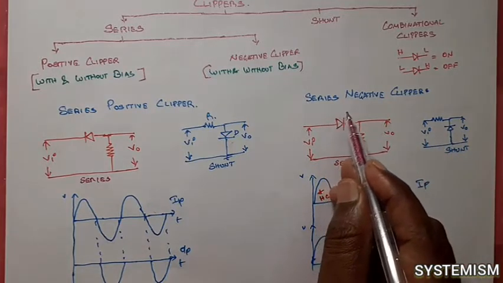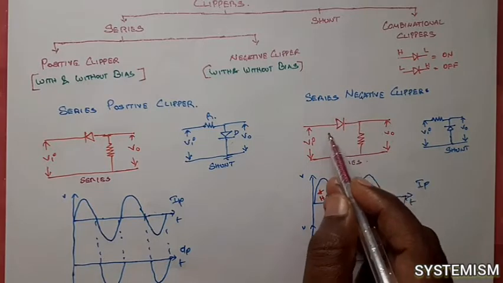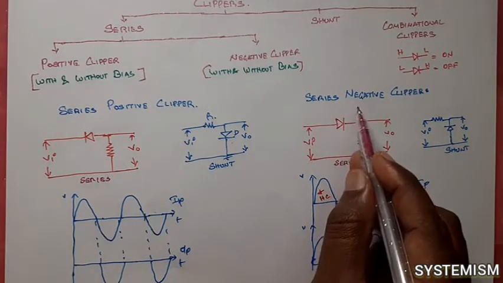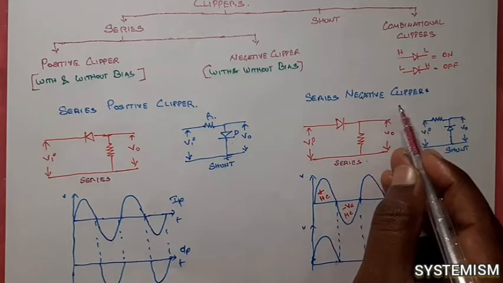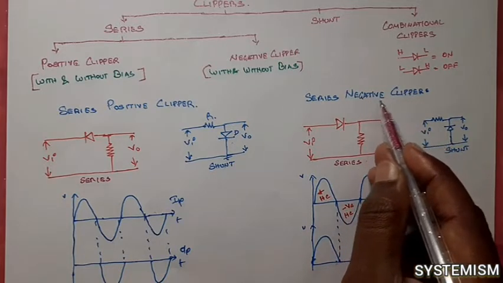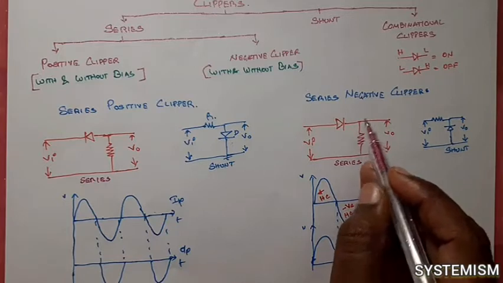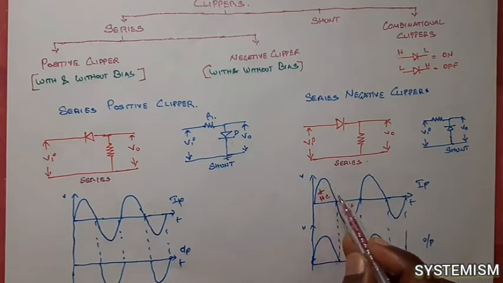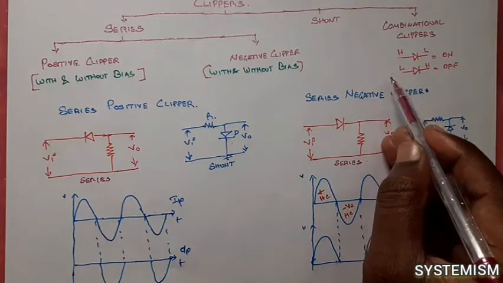Okay, now we will check what is the operation of this series clipper, how this is acting as a negative clipper, how this is going to clip away some negative part in your input signal. Okay, see here, this is your input signal and this is your output signal. To understand this, the main concept is this one.